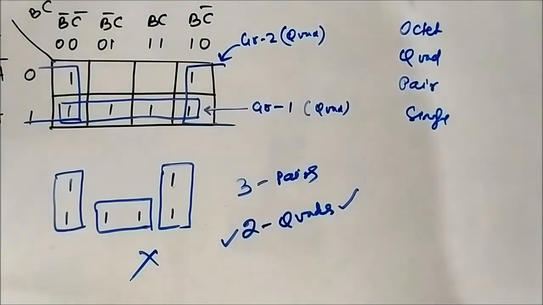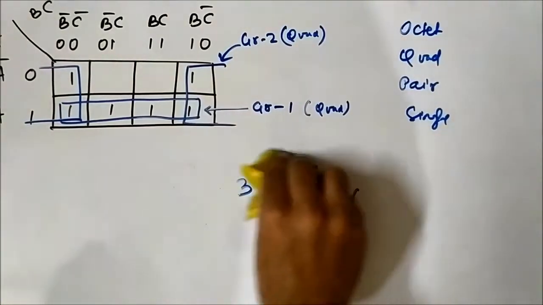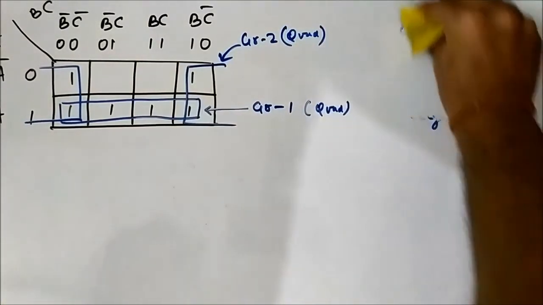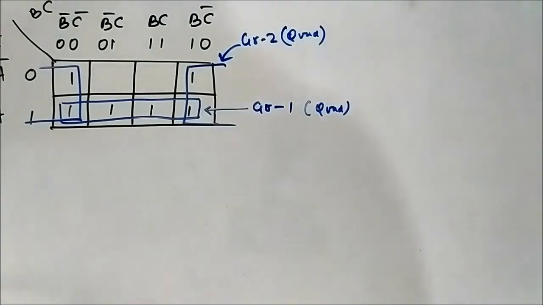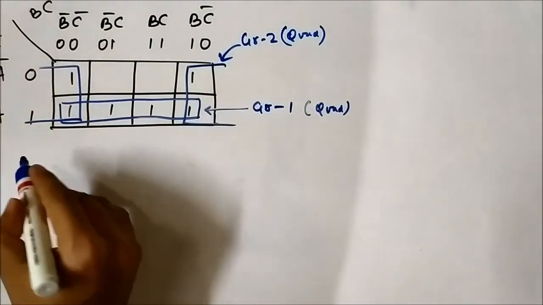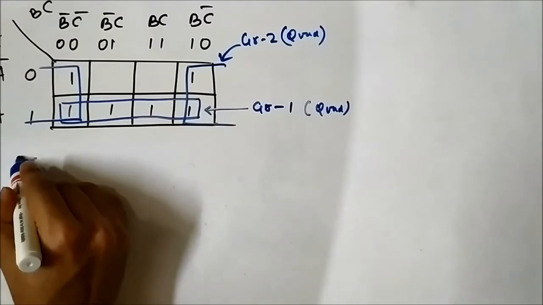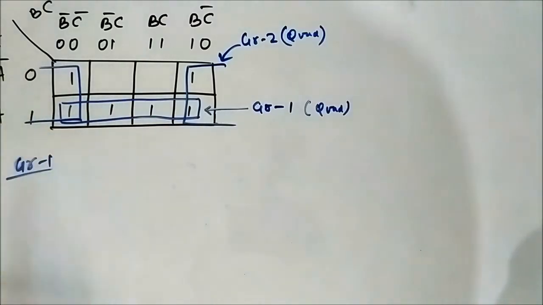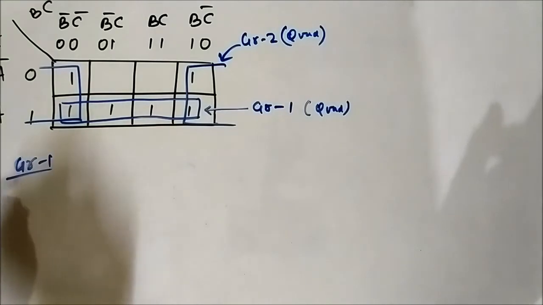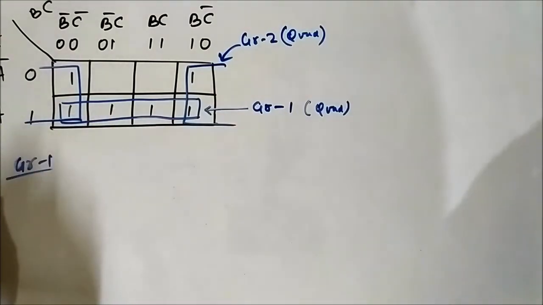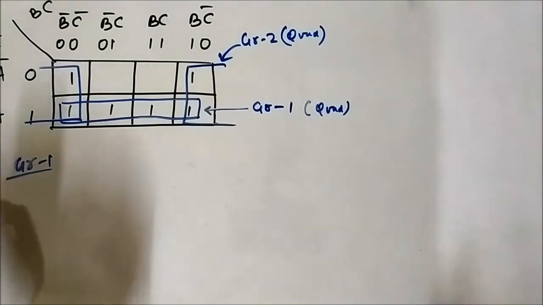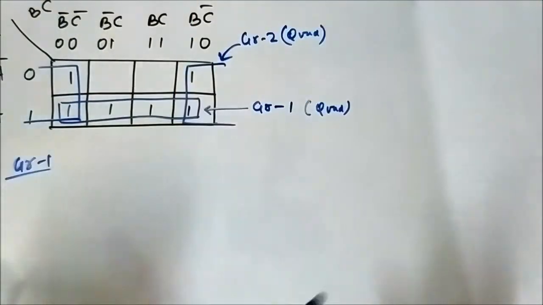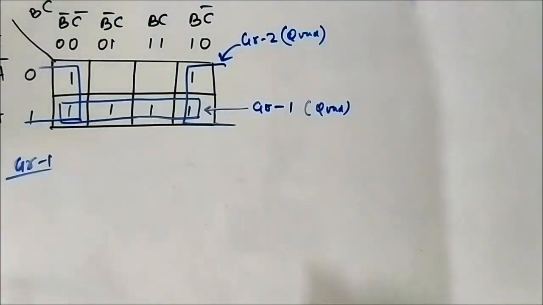Here, if we try to identify the common terms, first we'll use the conventional approach for group 1. Another important thing here is that there is no need to go for the conventional approach. As a shortcut, directly by looking at the Karnaugh map you can find the common term.